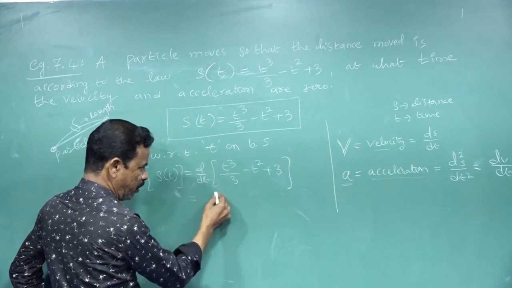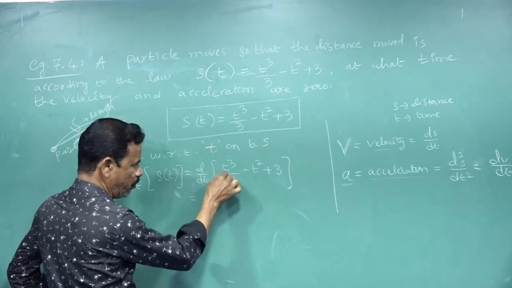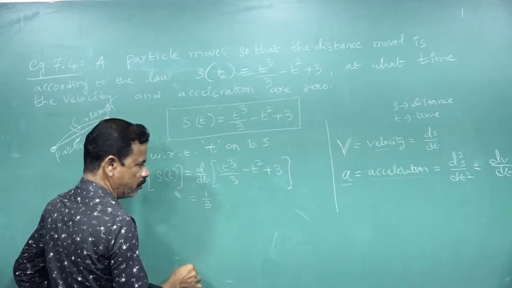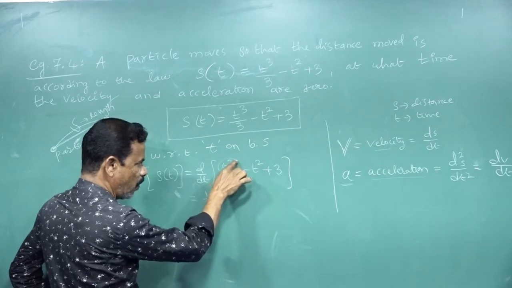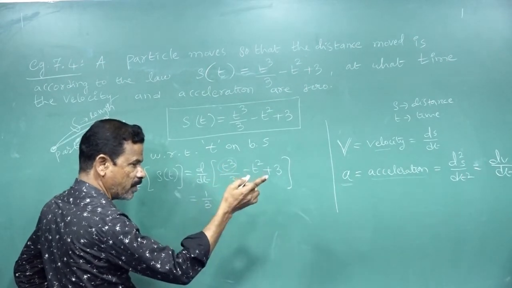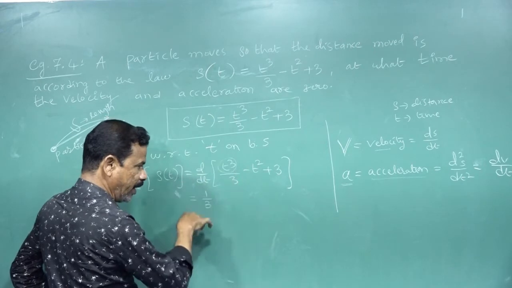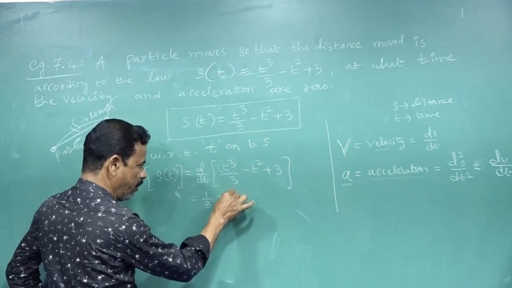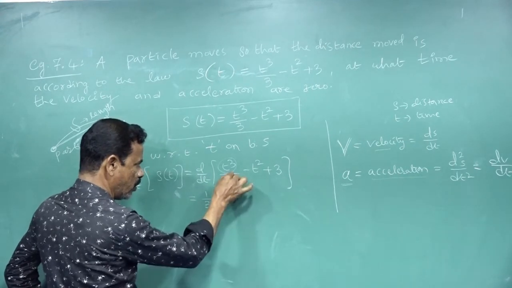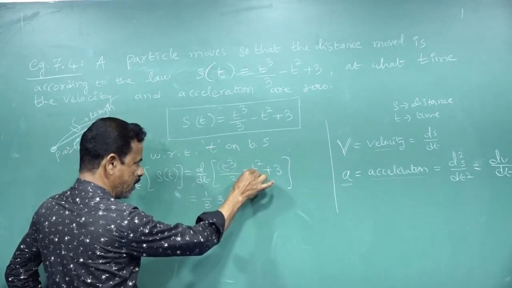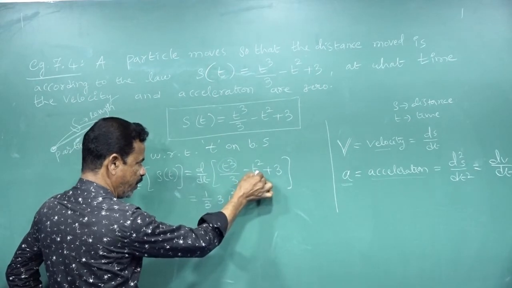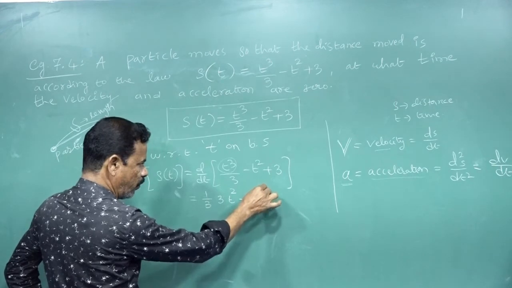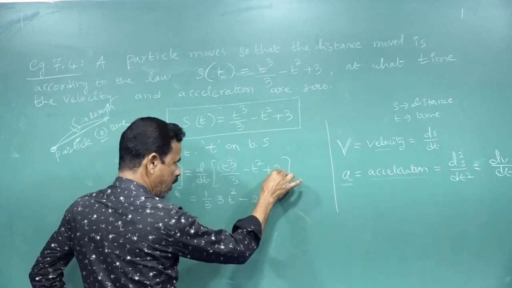Here 3 is a constant, so 1 by 3 goes outside. Now the derivative of t cube: we know the derivative of x power n is n into x power n minus 1. Here n is 3 and x is t. So we write 3 into t power 3 minus 1, that is 2. So this term is complete. Minus the derivative of t square, d by dt of t square, is 2t power 1. Power 1 is not needed. The constant term gives 0.